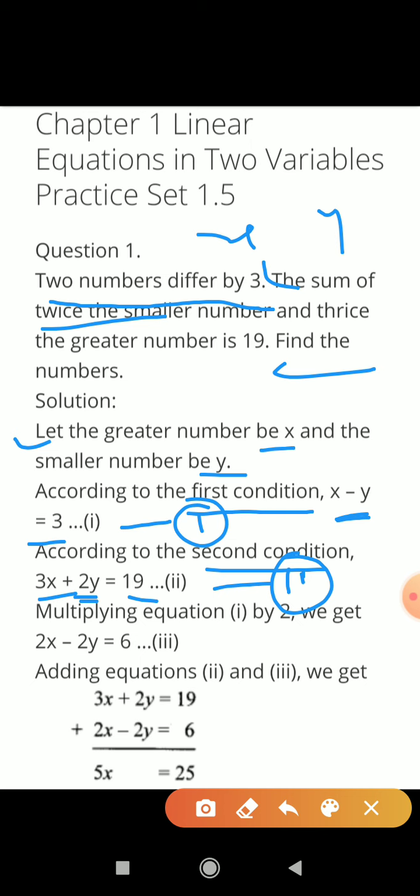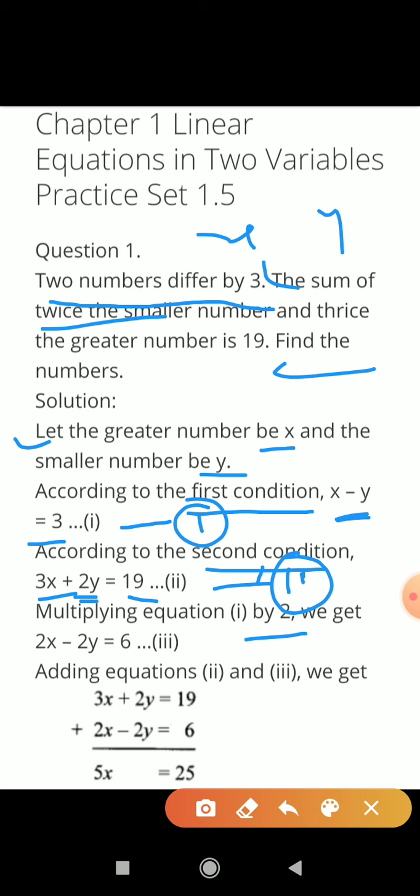Now the next part we know well. In equation 1 there is x minus y is equal to 3, and in equation 2, 3x plus 2y is equal to 19. So we have to make one of the coefficients equal. If we multiply equation number 1 by 2, then we get the coefficient of variable y as 2, that is 2y, and in the second equation 2y is there.